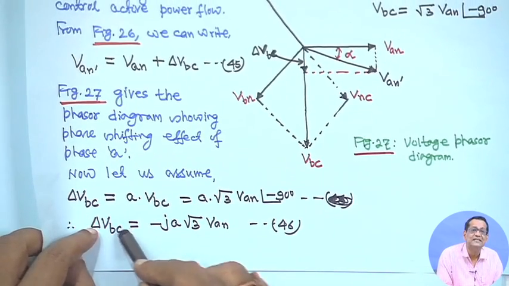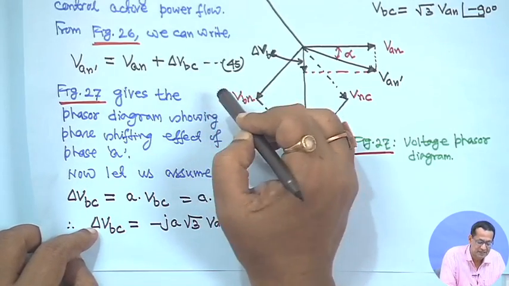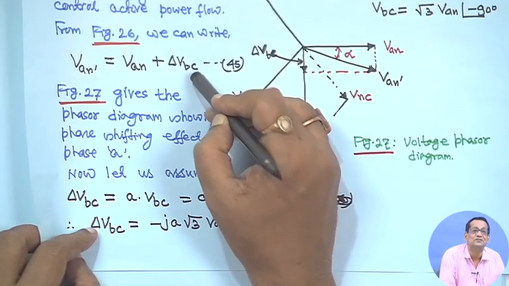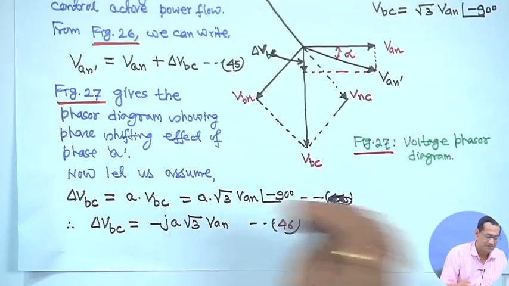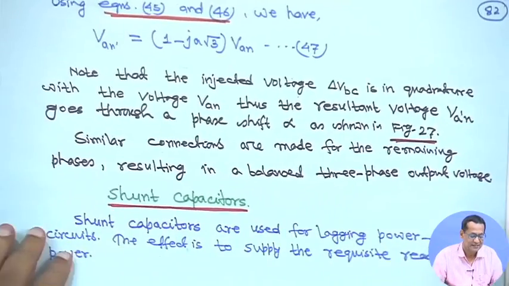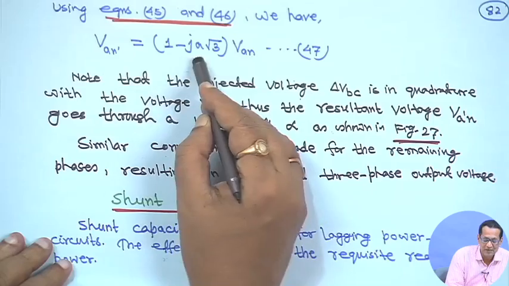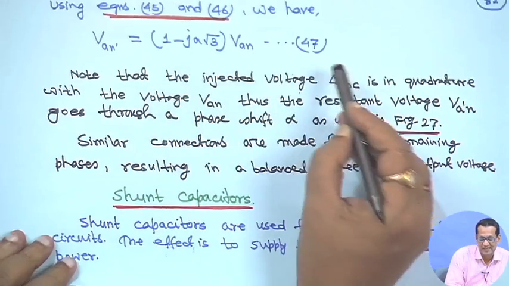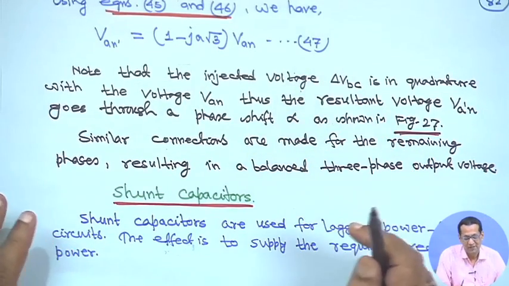This delta Vbc expression you substitute in equation 45. If you do so, you will get Van dash is equal to 1 minus j A √3 into Van. This is equation 47.